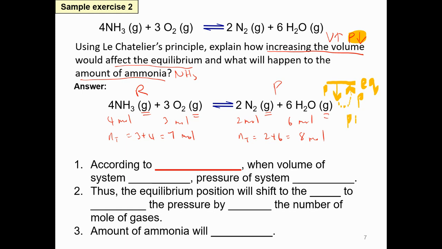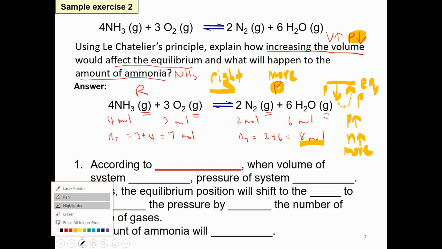If we want to increase the pressure, the number of moles must increase. So which part has more moles? It is the product. So the equilibrium position will shift to the right, and then more product will be formed. Now let's fill in the blank.